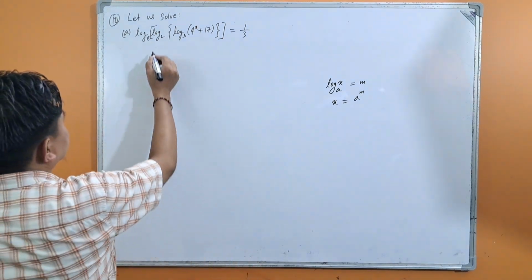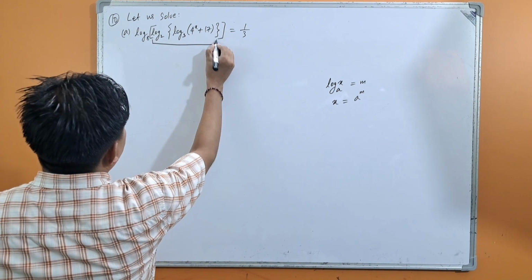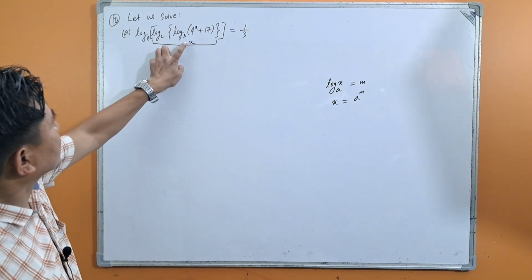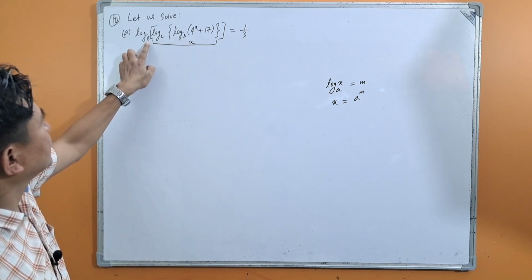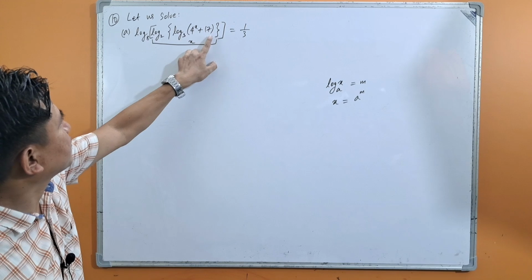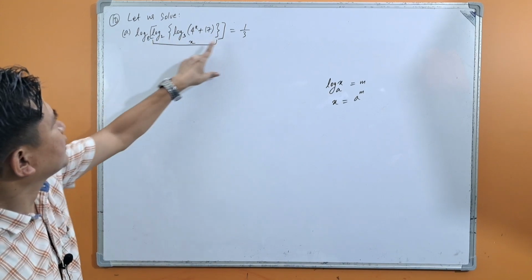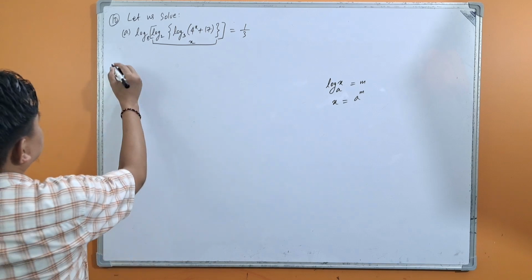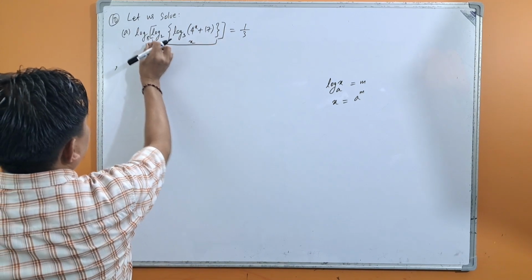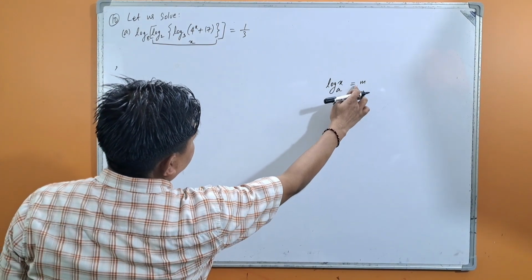Now what we do is we assume everything within the big bracket as x. So we have log x to the base 8 equal to 1 by 3. Everything within the big bracket is x. Log x to the base 8 equal to 1 by 3. So this becomes x equal to 8 to the power 1 by 3, isn't it? x equal to 8 to the power m.